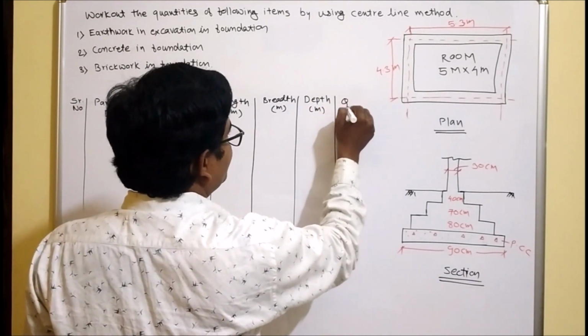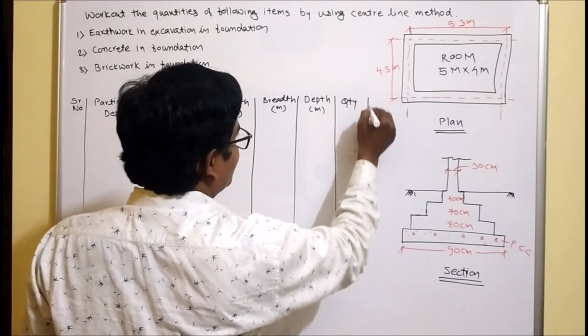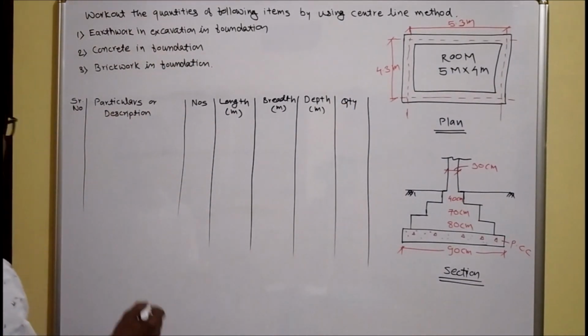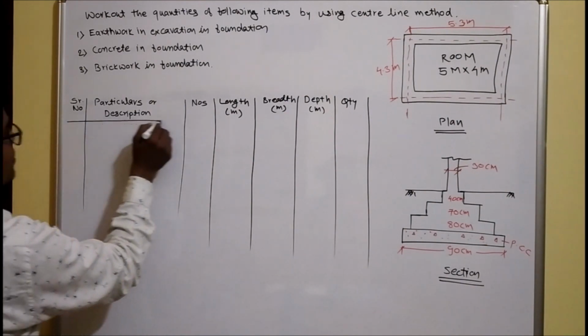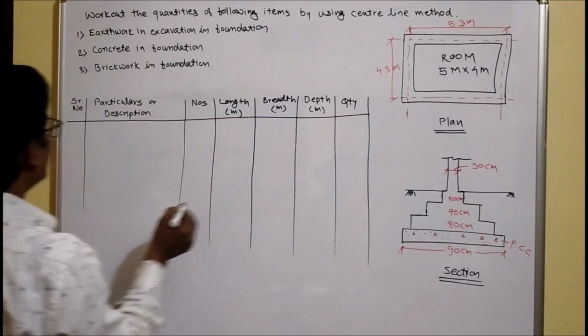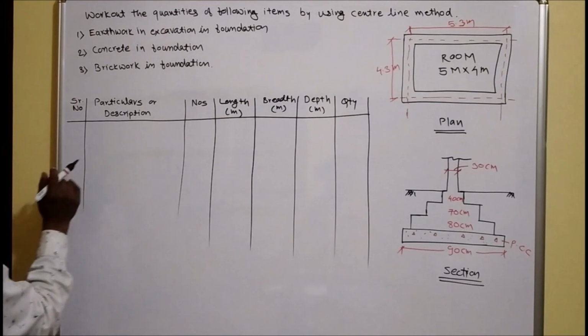Last column, quantity. So this is the measurement sheet. So we have to calculate the quantities in this sheet.